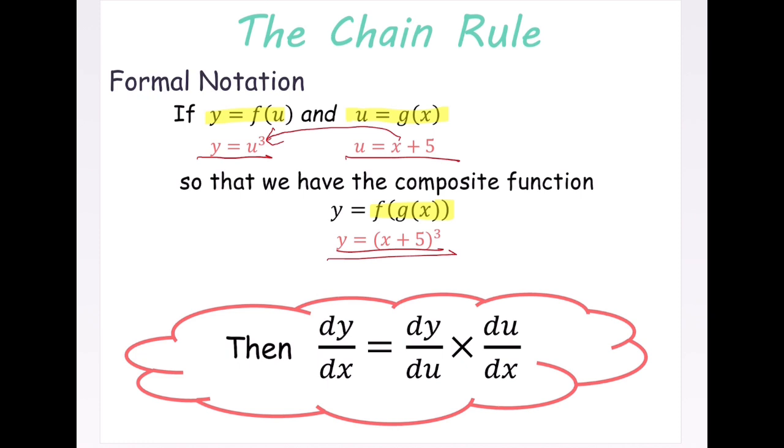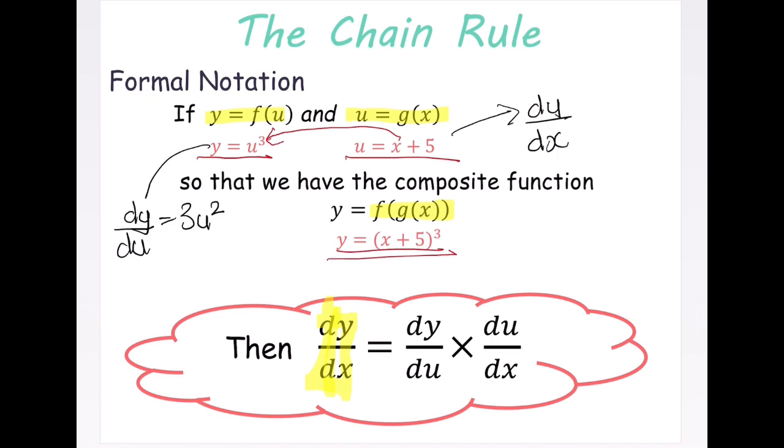If that is the case, then what we can basically do is differentiate things individually and use that to help us find dy by dx, because that's what I'm looking for, okay? So let's apply this. I've got y equals u cubed, so dy by du would be 3u squared. If u equals x plus 5, then du by dx would be 1.